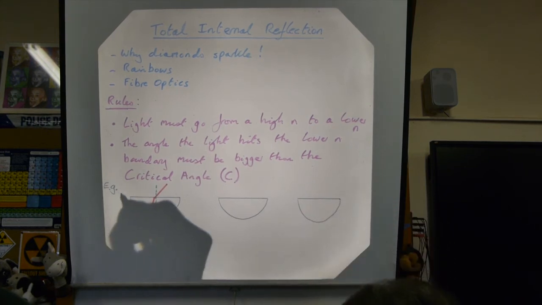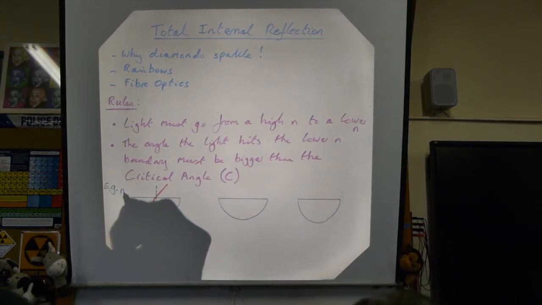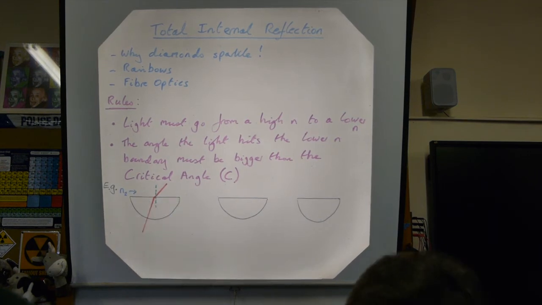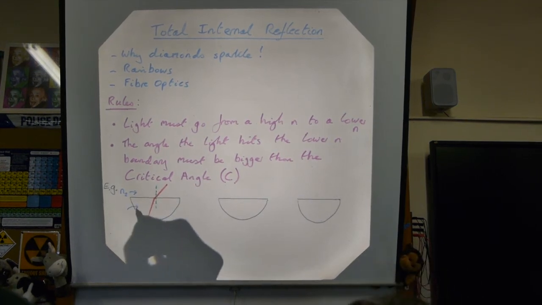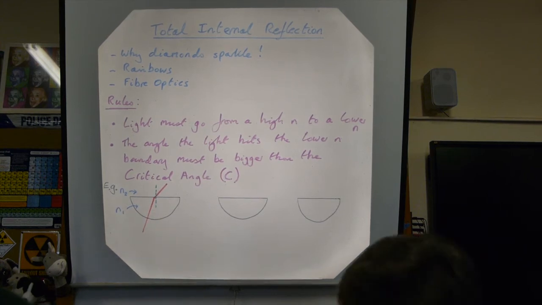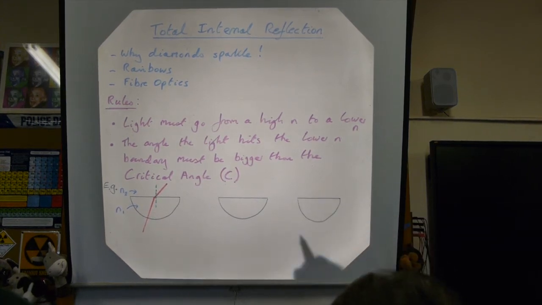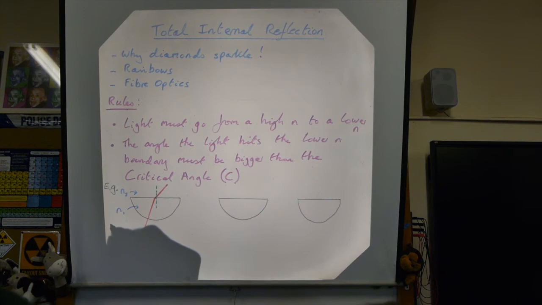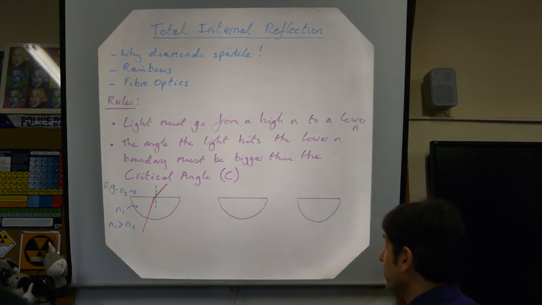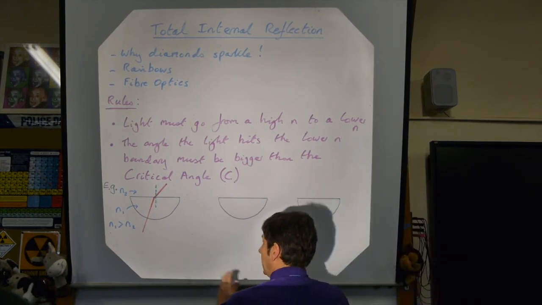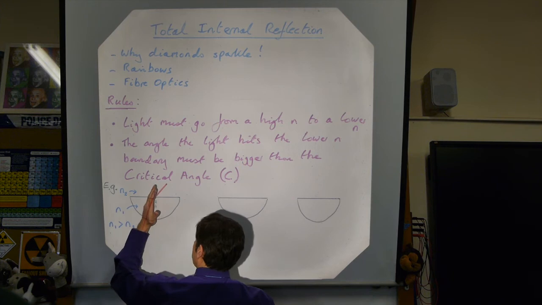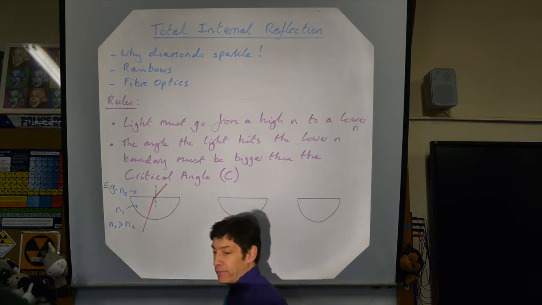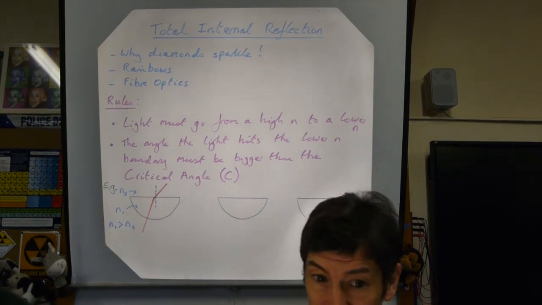We know that N2 out here, that's this material, and we know that this is N1, and we know in this case that N1 is greater than N2, because as the light leaves the glass, it bends away from the normal, so it's speeding up. And you can see the two angles there.